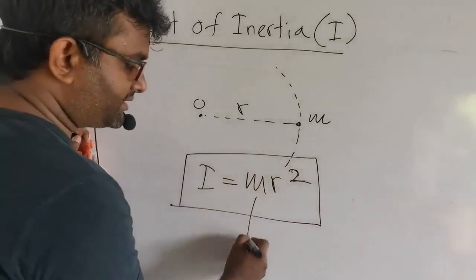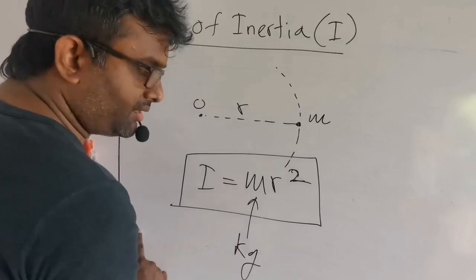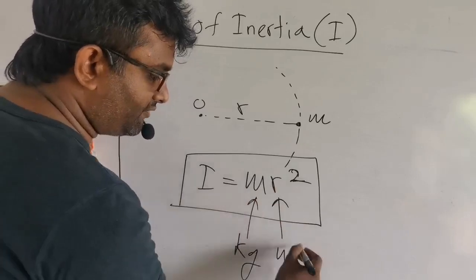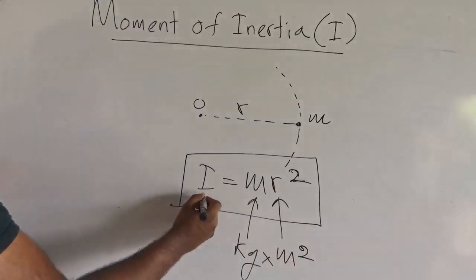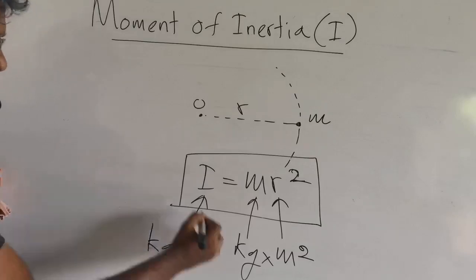The unit of m is kilograms, and distance we can measure using meters, therefore meter squared. So the SI unit of I is kilogram meter square.